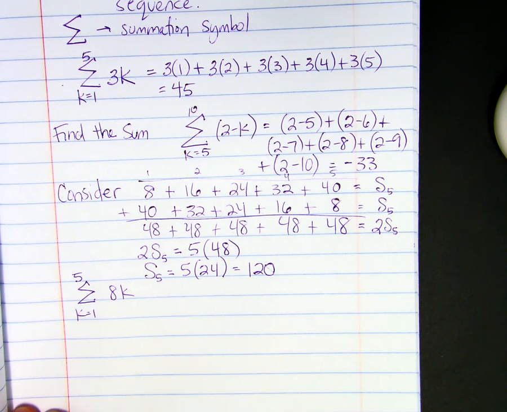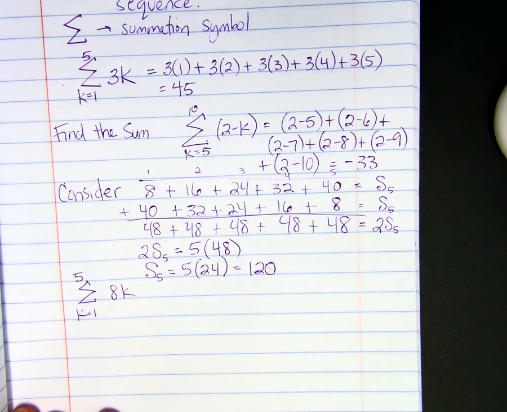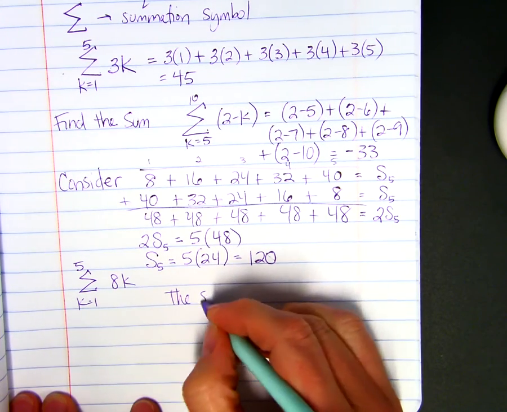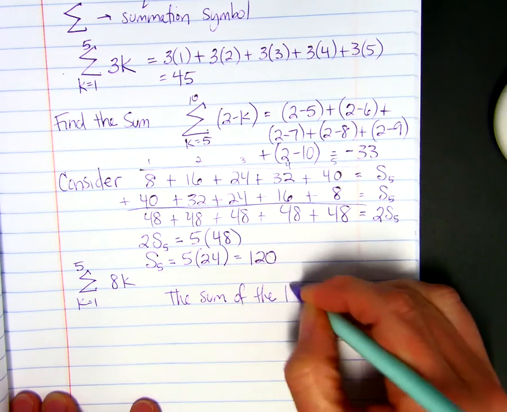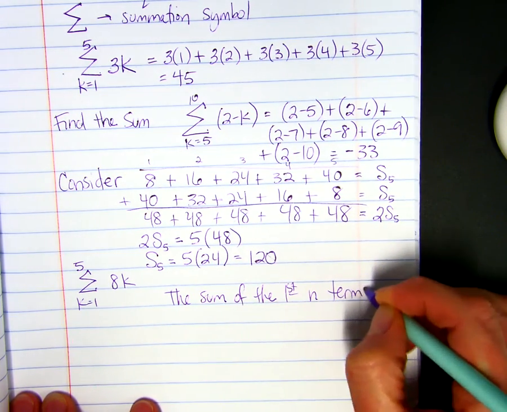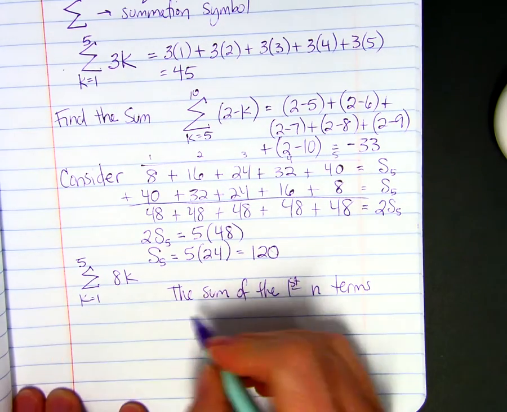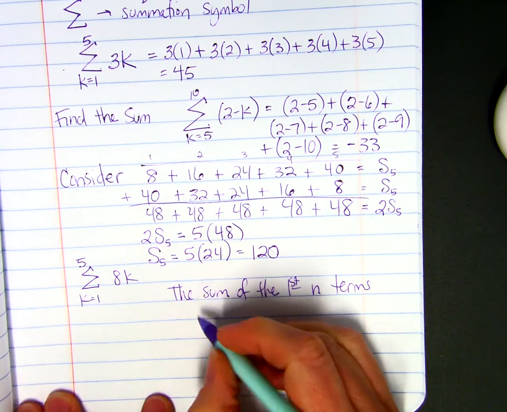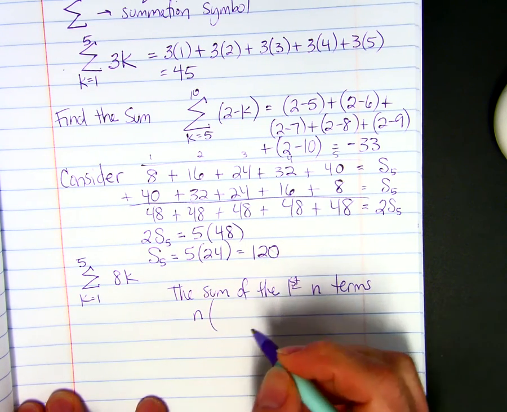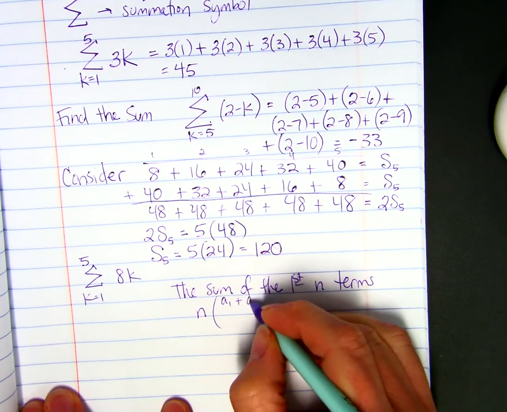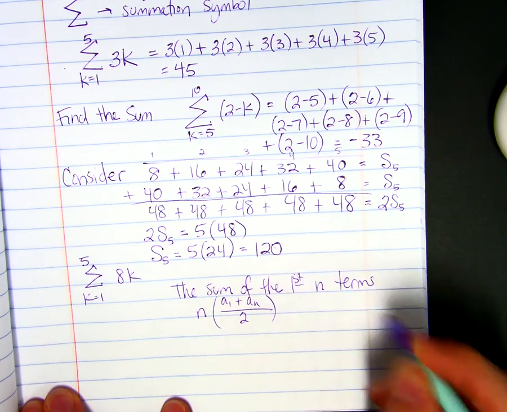There's what's called the sum of an arithmetic series, and it's in a box in your book. It goes like this. The sum of the first n terms, a finite one, because it ends at n, is S sub n equals n times a sub 1 plus a sub n, all divided by 2.